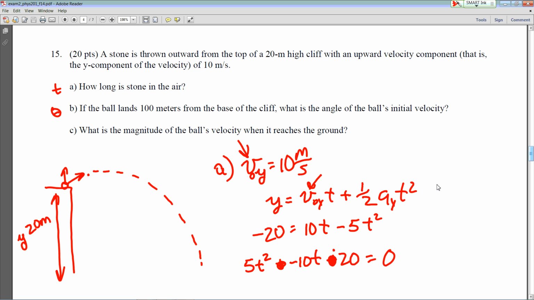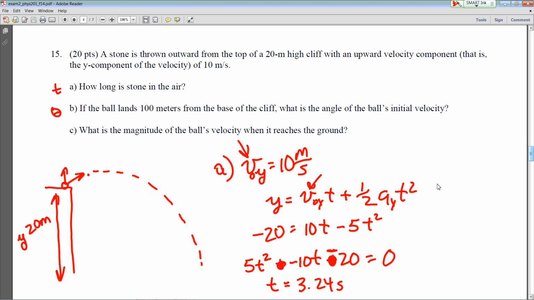It is minus 20. Was it a simple answer to this? Like 2 or something? No, it's not 2. I don't know what the answer is right off, but 3.24 seconds. Okay, so when you use the quadratic, you solve that to be 3.24 seconds.